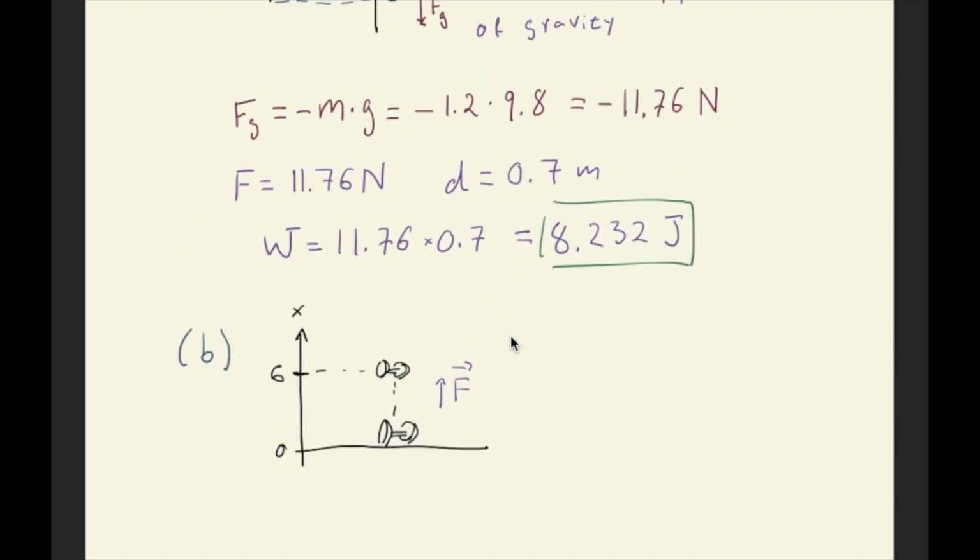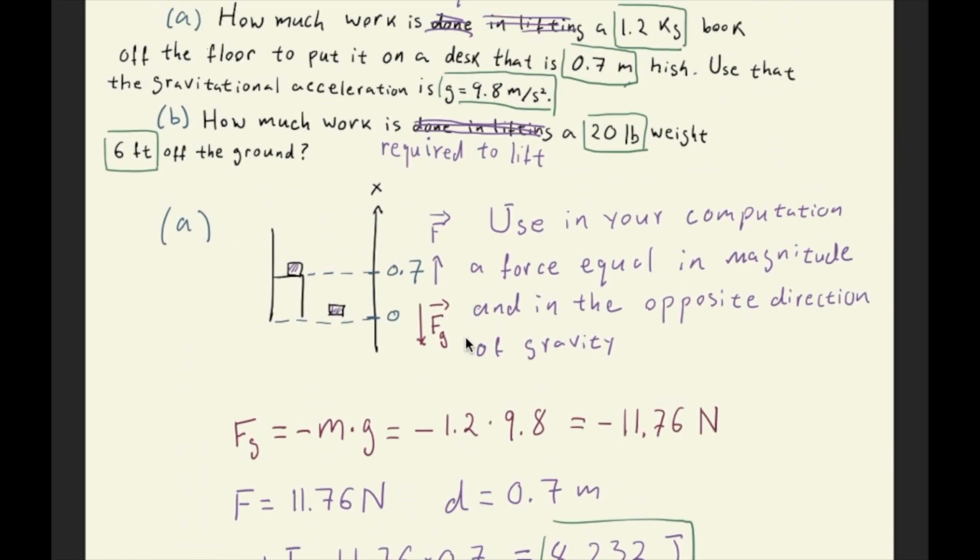Okay, so in this case, though, we don't need to use the gravitational acceleration and Newton's equation, because when they say it's a 20-pound weight, it's not talking about the mass of the weight. It's actually already talking about the gravitational force that this weight is under. So pounds is already a unit of force.